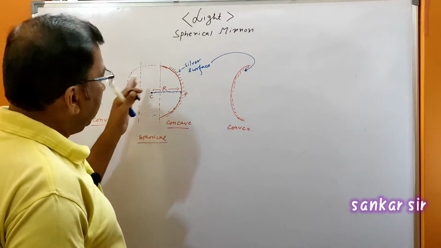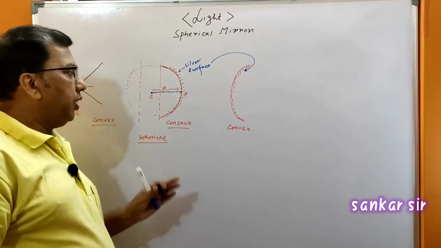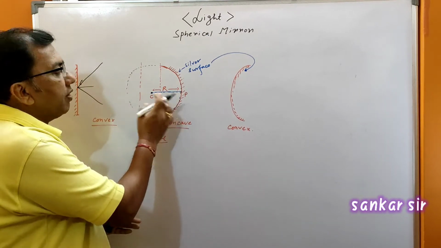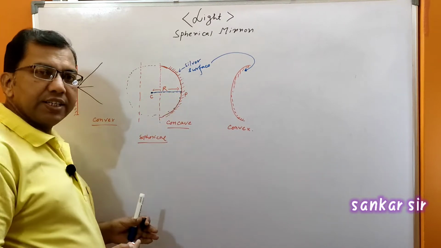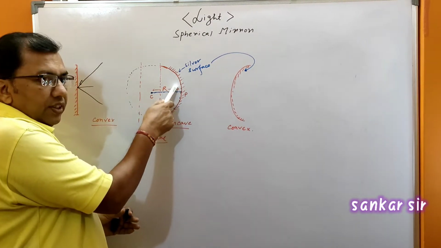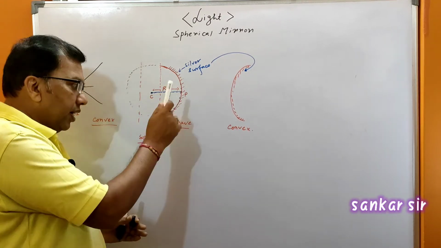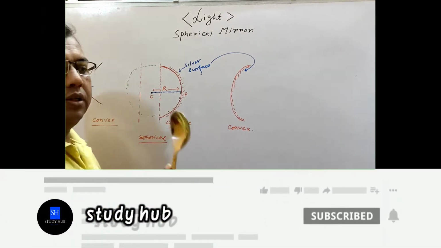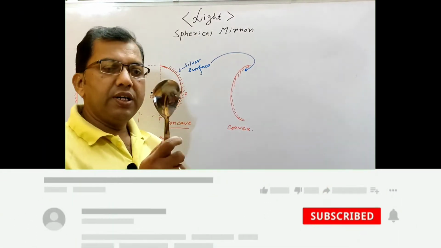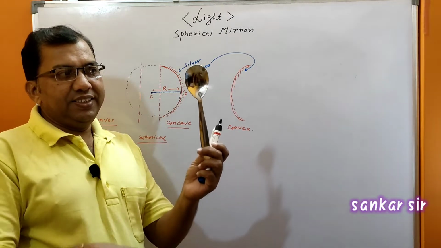In the case of the concave mirror, it is the part of a spherical mirror whose inner shiny surface is the reflecting surface. The inner surface is the reflecting surface, and the outer bulging side is the silver surface. Just see, this is a spoon. This is the inner surface.